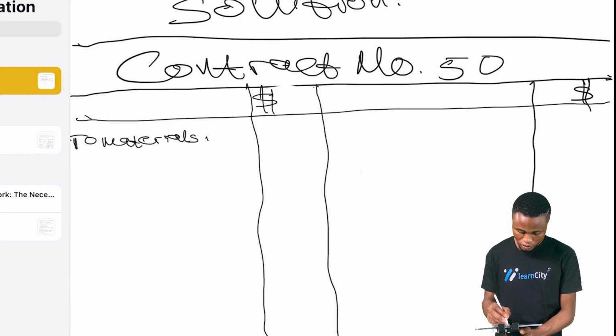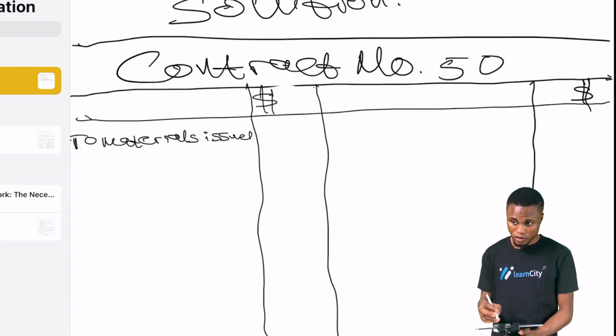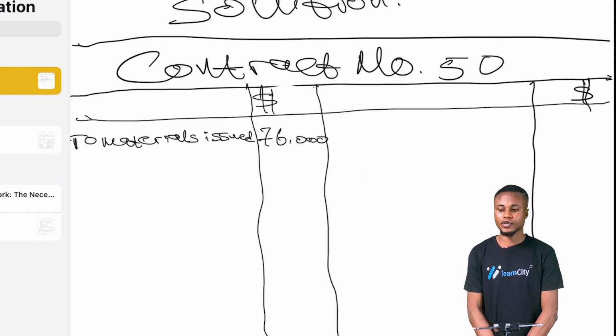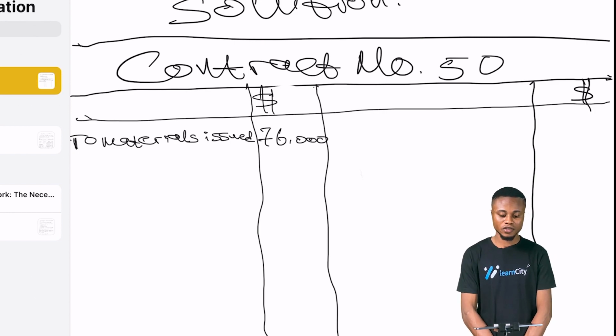To the materials issued, $76,000. Okay. And the next item in our question is direct wages. Of course, this is attributed to the contract.